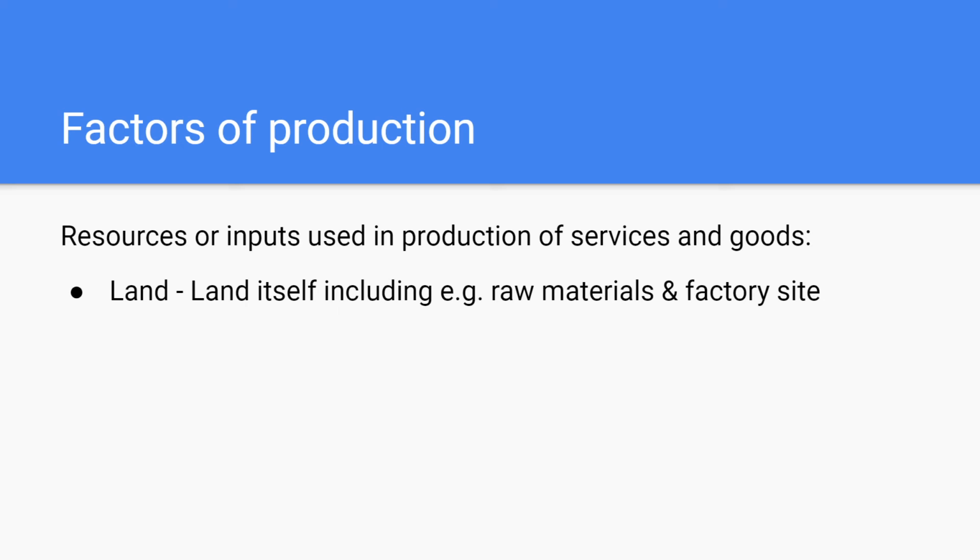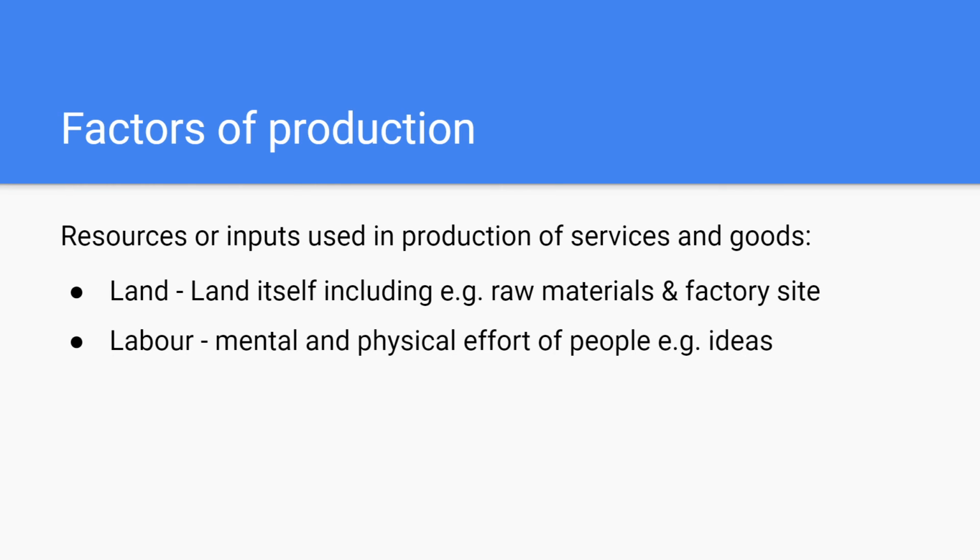And this can be, for example, raw materials, as we talked about before in the primary sector, but also factory sites. For example, Tesla's new Giga Berlin factory is in Berlin, and the site, the land that they purchased, I think two years ago, is also included in this factor of production, land.